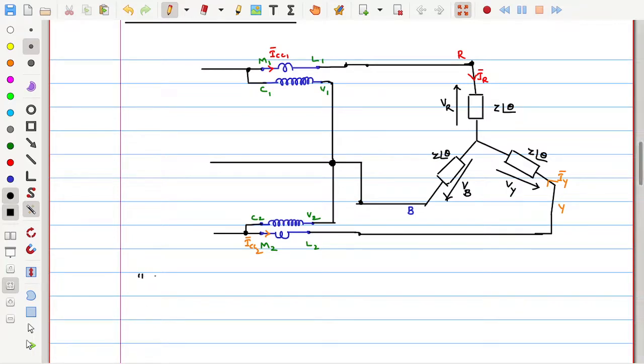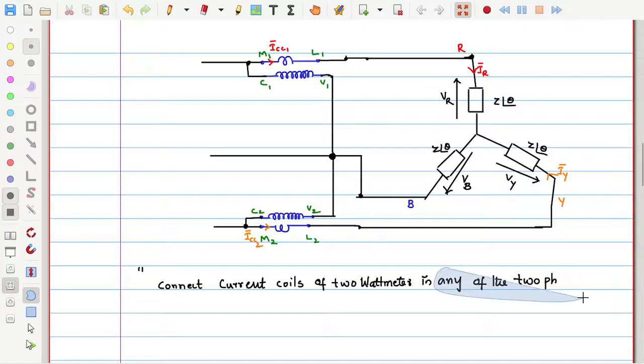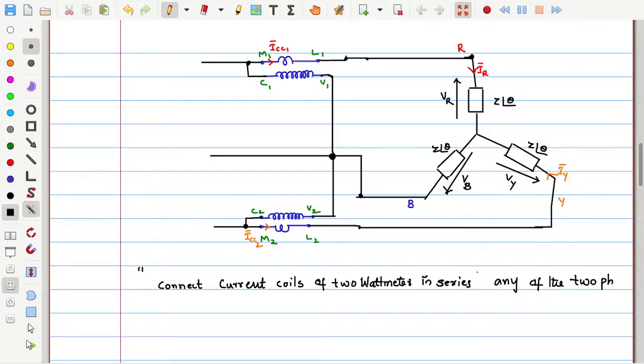In words, I can write: connect the current coils of 2 wattmeters in series with any of the 2 phases.